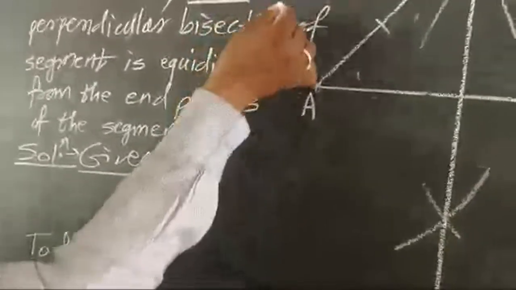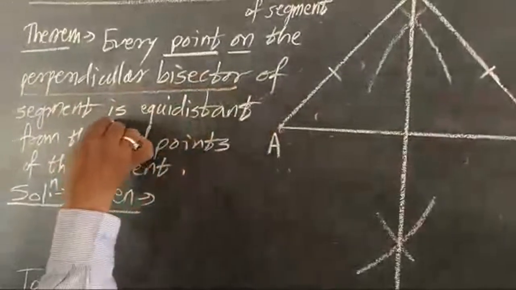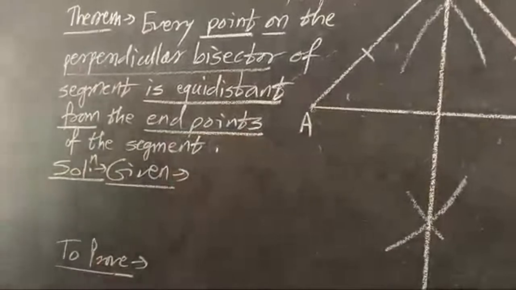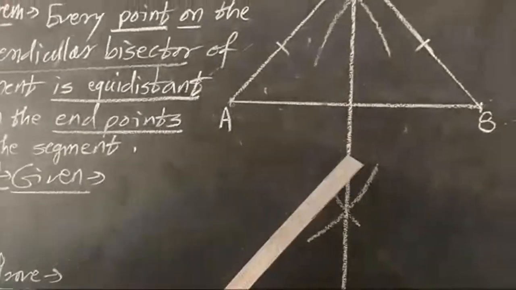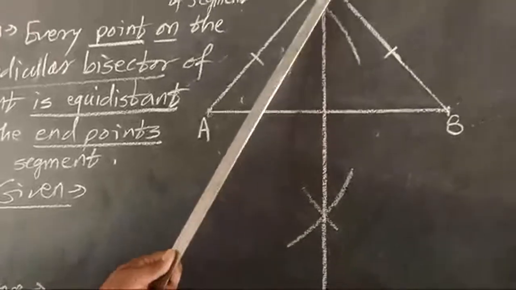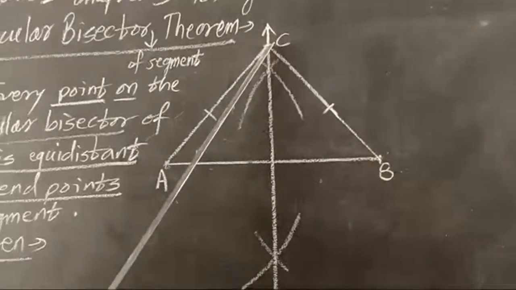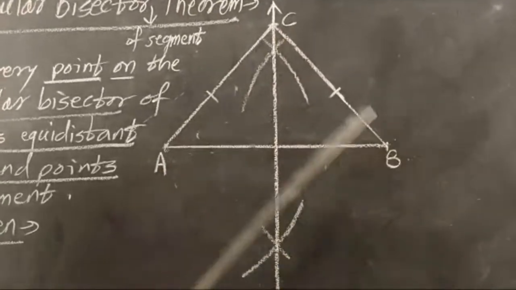Point on the perpendicular bisector is equidistant from end points. Which point on the perpendicular bisector do we consider here? Point C. And that point is equidistant from the end points.